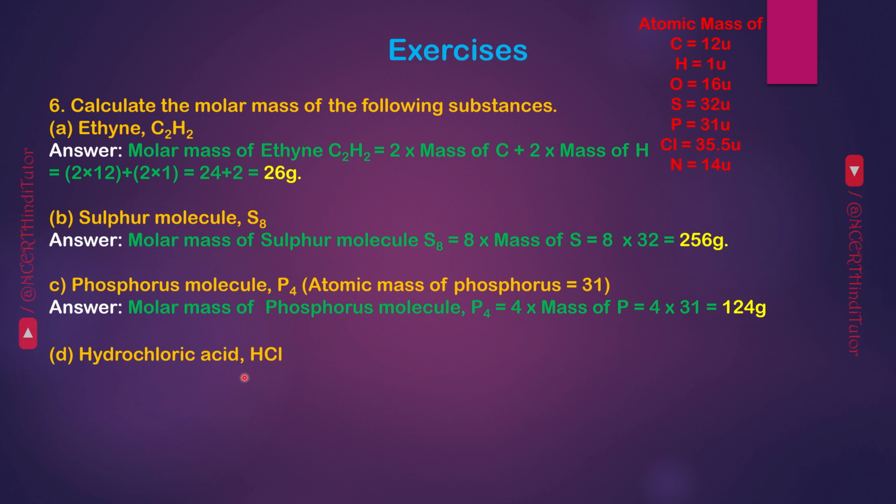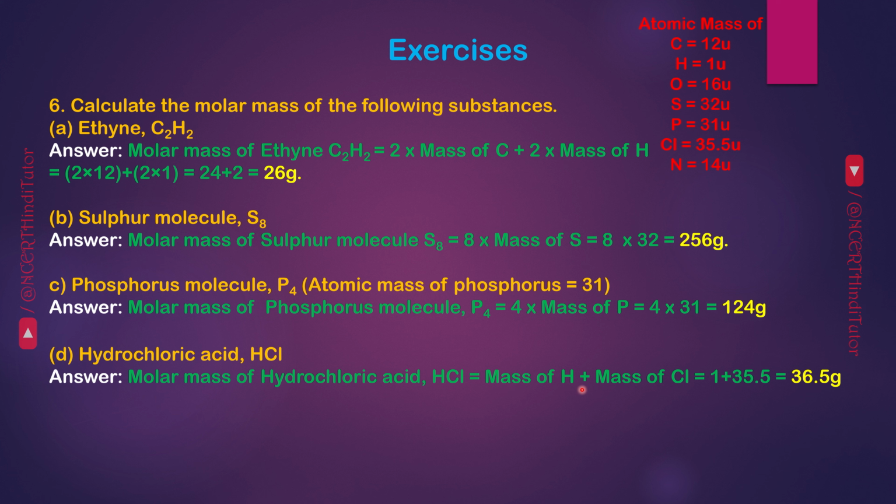D. Hydrochloric acid, HCl. Molar mass of hydrochloric acid HCl is equal to mass of hydrogen plus mass of chlorine. Here there is only one atom of hydrogen and one atom of chlorine. So 1 plus 35.5, that is atomic mass of chlorine, is equal to 36.5 gram. E. Nitric acid, HNO3.